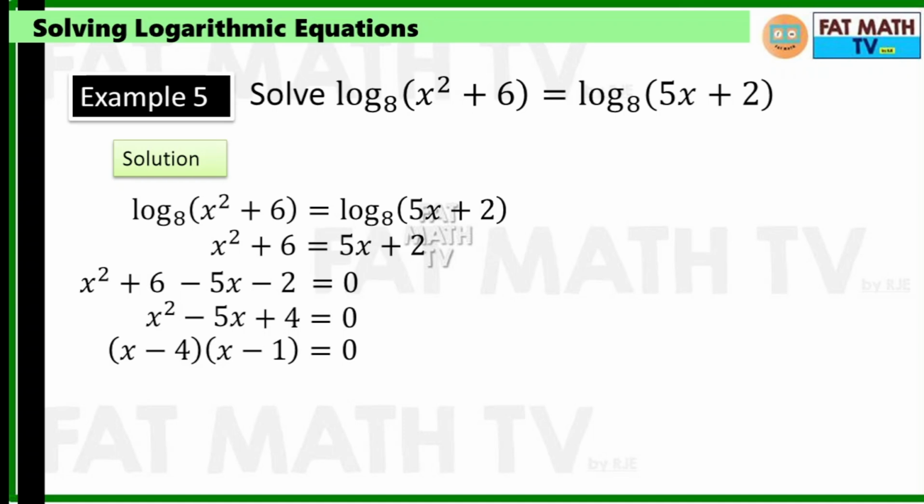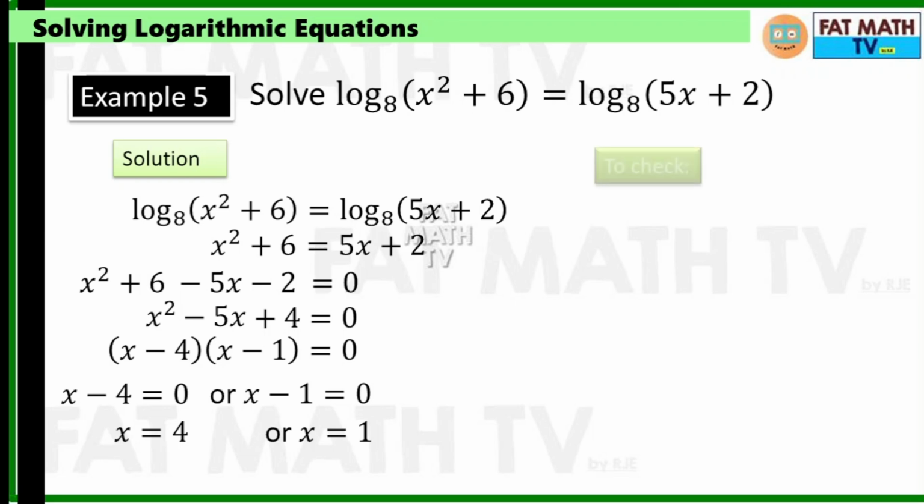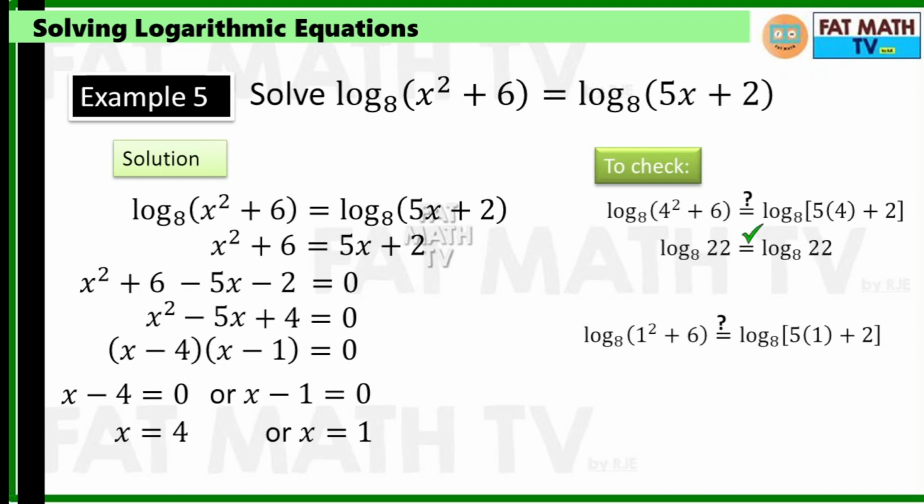So the product of x minus 4 and x minus 1 is 0 if x minus 4 is 0 or x minus 1 is 0. x minus 4 is 0 if x is 4. x minus 1 is 0 if x is 1. And before we conclude that the answers are 4 and 1, we have to substitute first to the given. So if we substitute 4, we will have logarithm of 22 to the base 8, both sides.